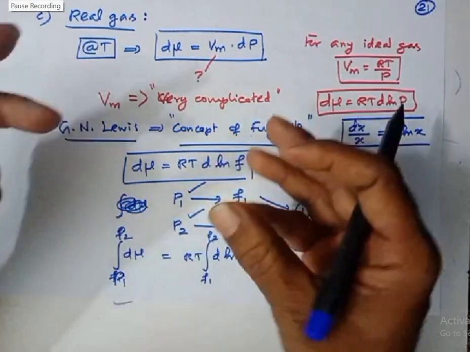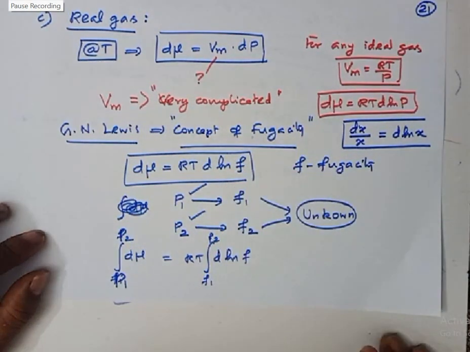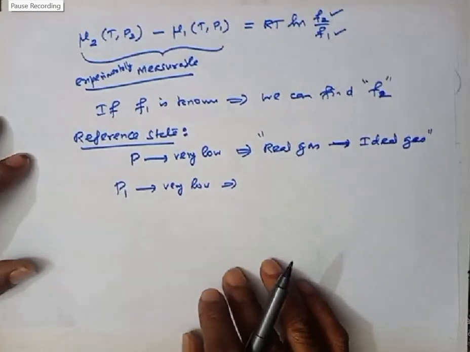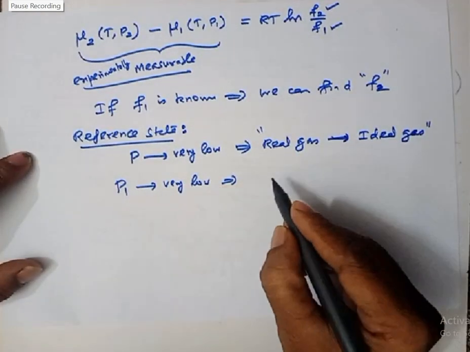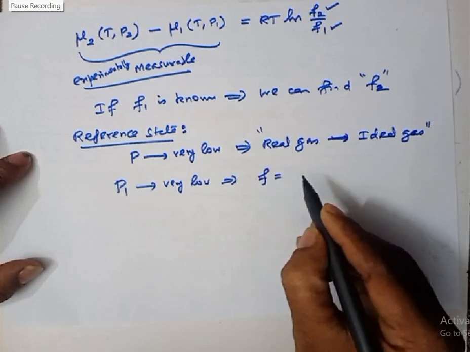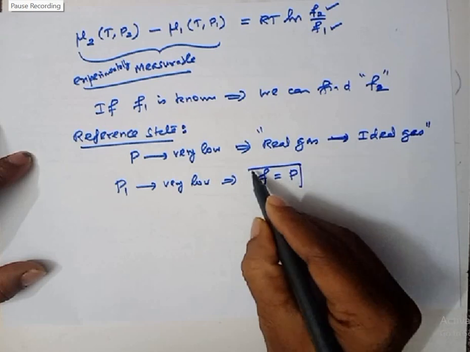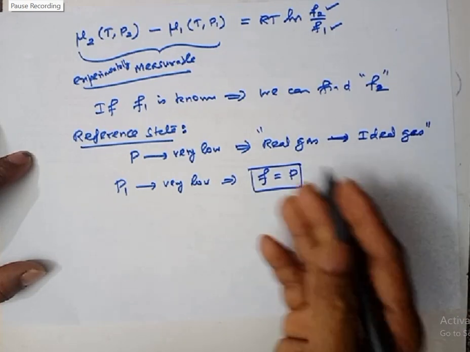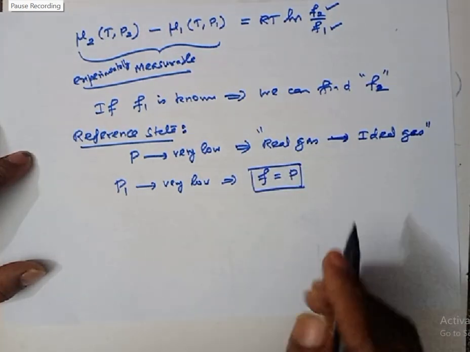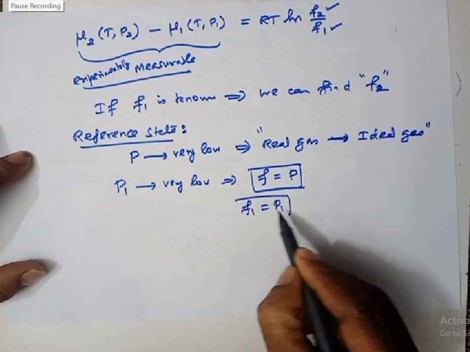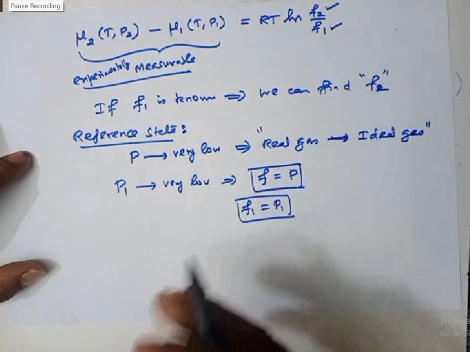If your real gas behaves like ideal gas, F becomes equal to pressure. So if P1 is very low, then F becomes equal to P. So in the place of F1, I can put P1 itself.